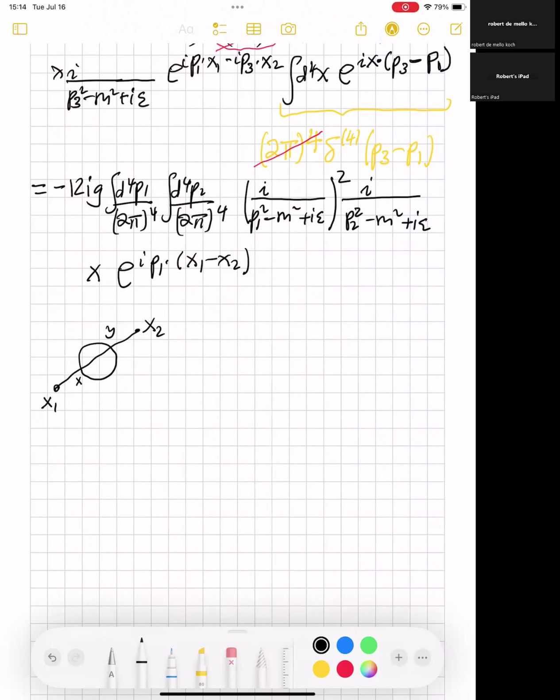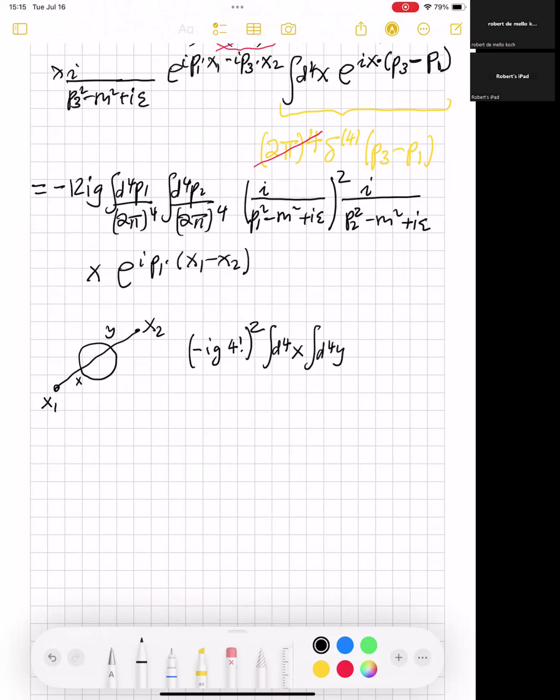First of all, there's two vertices. So we will have a factor of minus i g times 1 over 4 factorial, and it'll be squared because we've got two vertices. And we need to integrate over the position of the first vertex, that means d4x, and over the position of the second vertex, that means d4y.